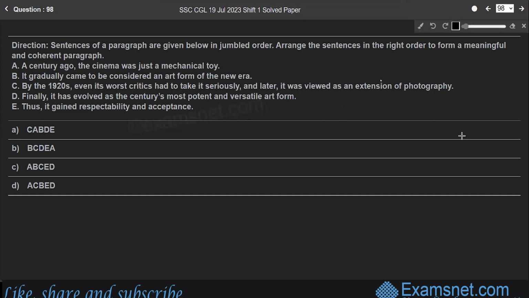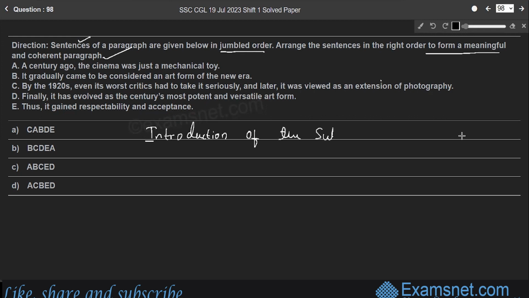Question 98. Sentences of a paragraph are given below in jumbled order. Arrange the sentences in the right order to form a meaningful and coherent paragraph. So here, to form a meaningful or coherent paragraph, we'll start with the introduction of the subject, right?